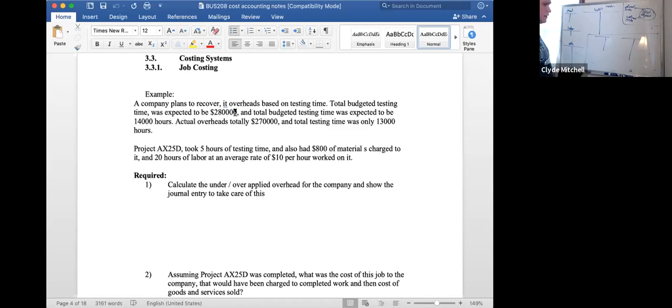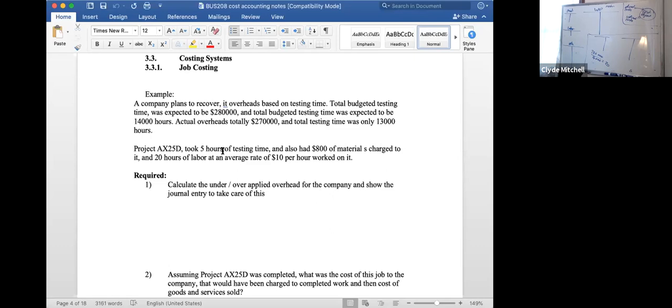there's $280,000 worth of costs, and we have an estimated 14,000 hours of testing time. Now in this case, overheads are getting allocated on the basis of testing time, not on labor time, and they could be slightly different.